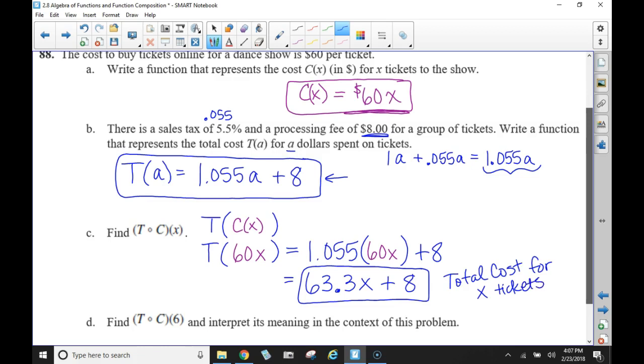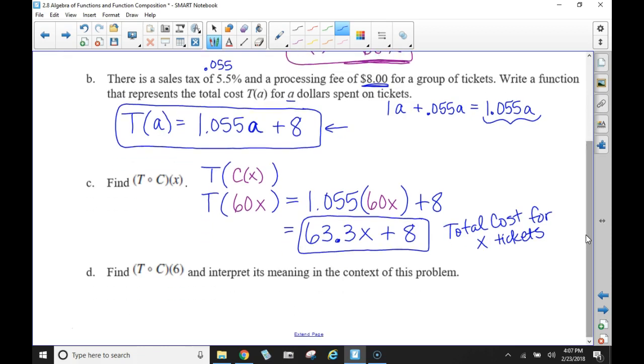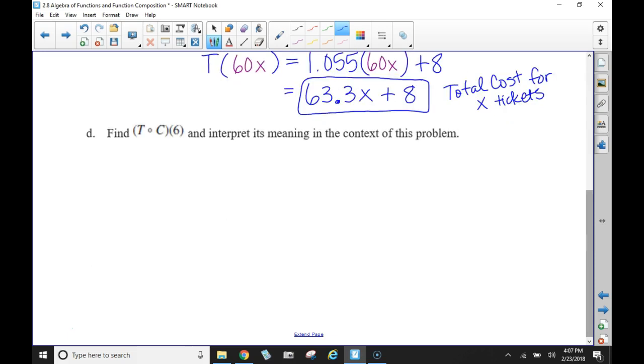Whereas the function above was just, here's what the cost is going to be if you spend A dollars on tickets.